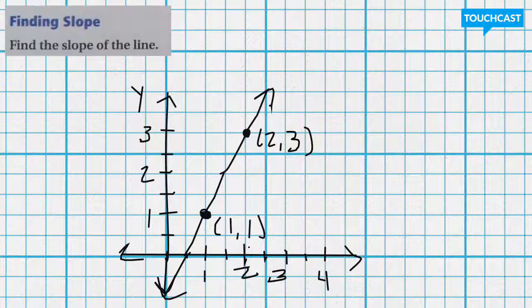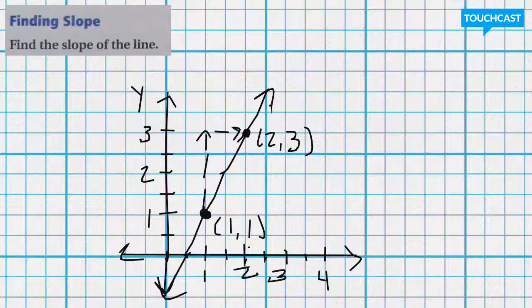So given this graph that goes through the points (1, 1) and (2, 3), we are going to find the slope of it by looking at how much it rises up and how much it runs over from one point to the next. So from our first point, (1, 1), we have to rise up 1, 2, 2, and then we have to run over 1.